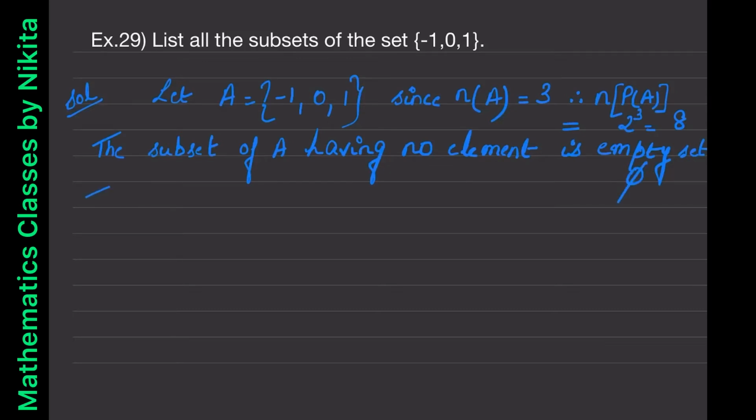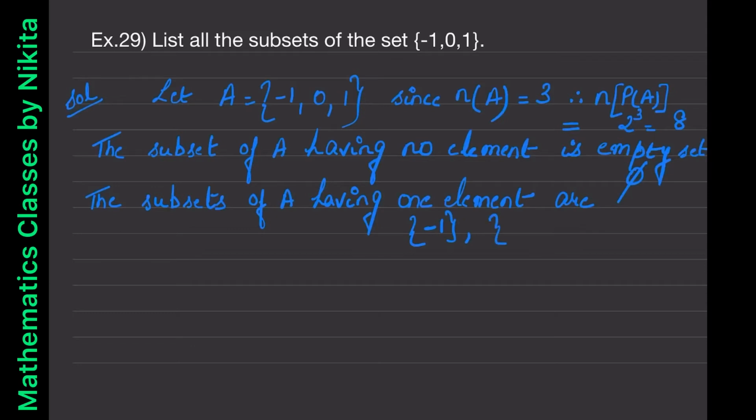Now next we will write the subsets of A having only one element. So how many subsets are there having only one element? These are the singleton sets: {-1}, then {0}, and then {1}.